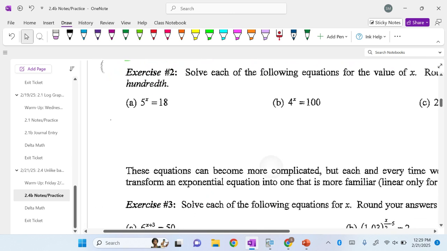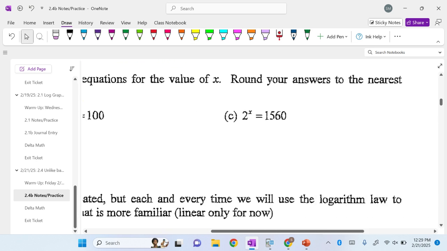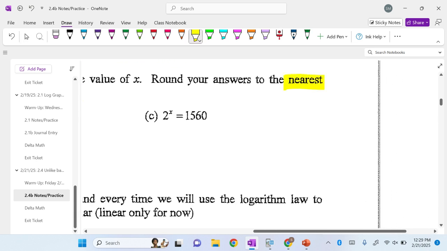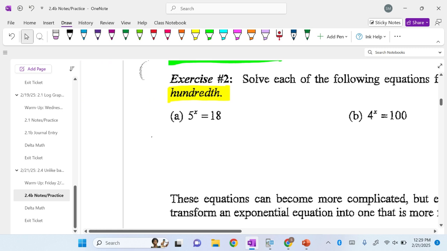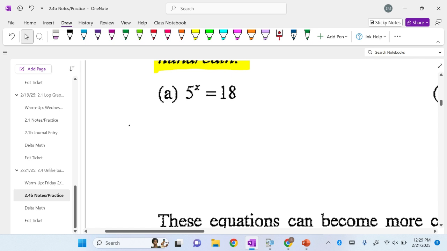So we're going to use the log method to solve these next couple of problems. And we're going to round it to the nearest hundredth, and you'll see why in a second. Now, let's look at this. 5 and 18. Is there any common base that could be pulled from those two numbers?